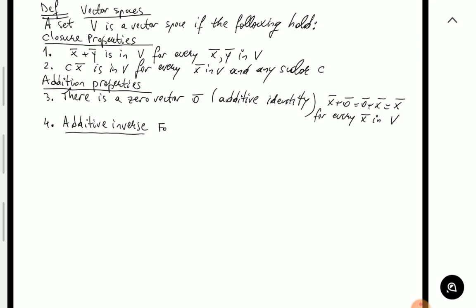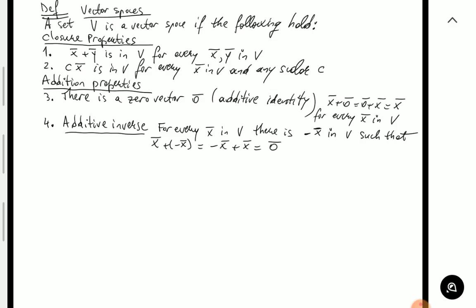So for every x in V, there is another vector which we can call minus x in V, such that x plus negative x equals negative x plus x equals 0 bar. Right, these are basically operations that make sense in the context of addition, right? I hope it's pretty clear.